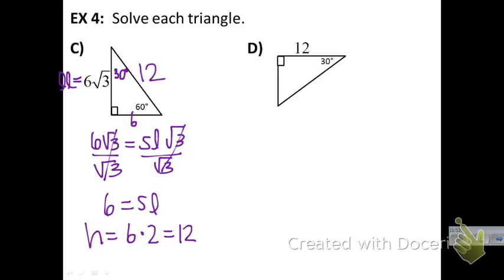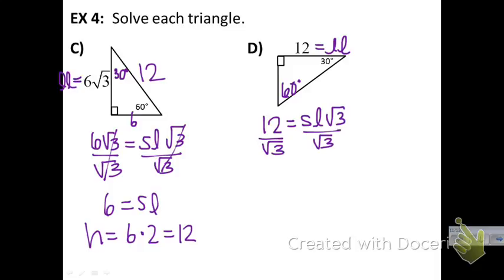Okay, on D we have a 60-degree angle here, and 12 is opposite the 60-degree angle, so we know that 12 is our long leg. So we're going to use that long leg equation. Long leg 12 equals the short leg times root 3. To solve this, we divide by root 3. They divide out over here.